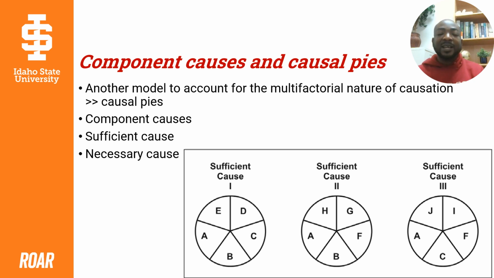Disease prevention can be accomplished by blocking any single component of a sufficient cause, at least through that pathway. For example, elimination of smoking, which is component B, would prevent lung cancer from sufficient causes 1 and 2, although some lung cancer will still occur through sufficient cause 3.